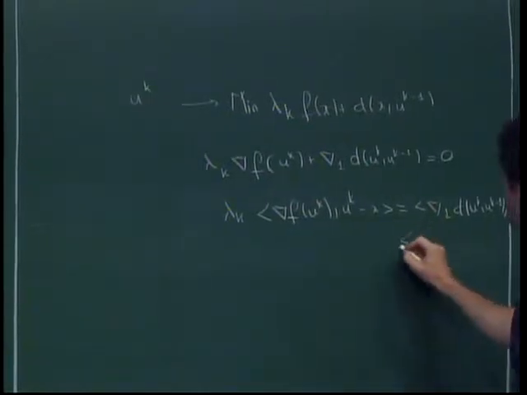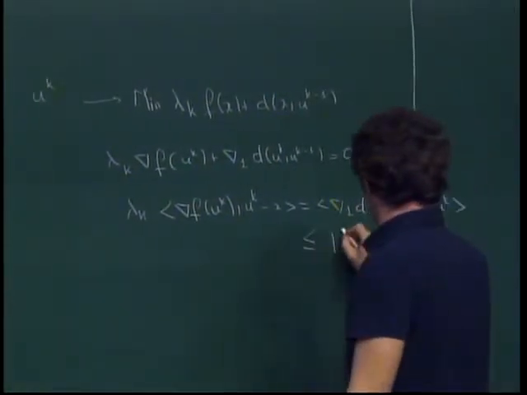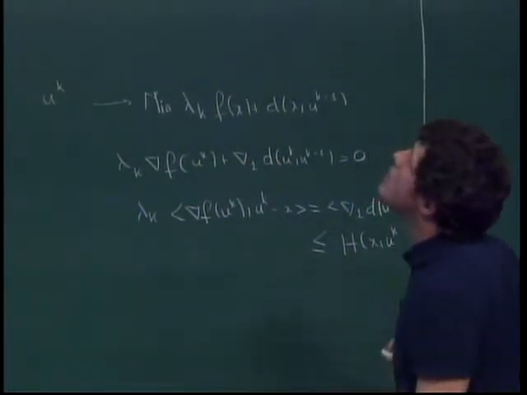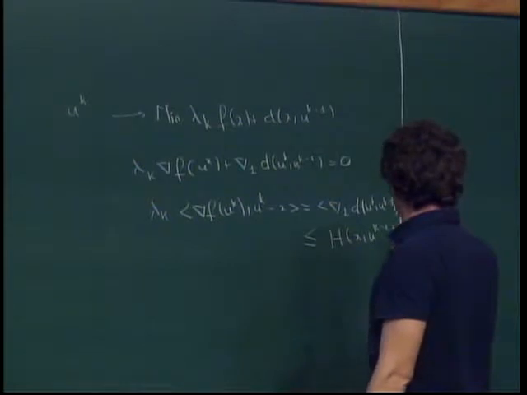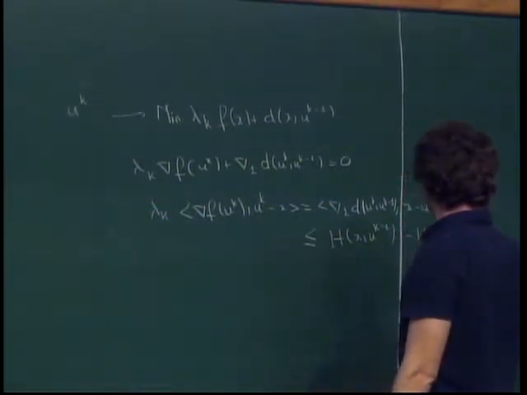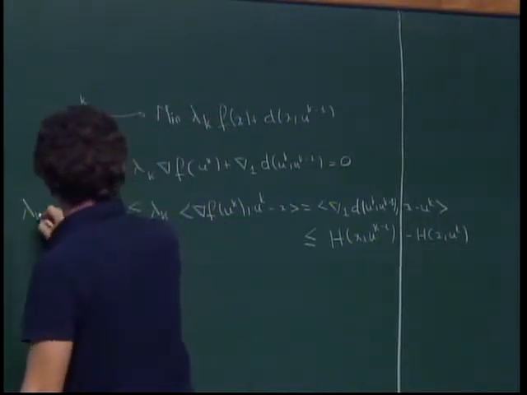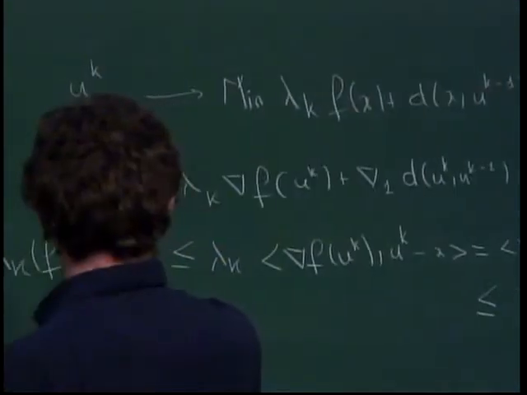And here we can use this inequality to obtain that it is equal to h of x and u_{k-1} minus h of x and u_k, and that is greater than lambda_k times f of u_k minus f of x, because f is supposed to be convex.